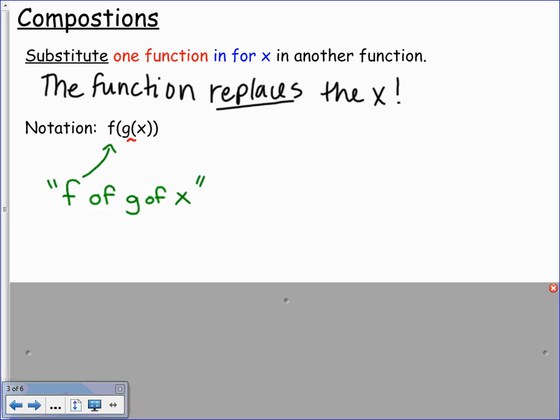So this means plug g of x in for x in f of x. So remember, you're not adding functions, you're not subtracting, you're not multiplying, you're not dividing. You are substituting. So that notation is going to tell you which function to substitute into which other function.